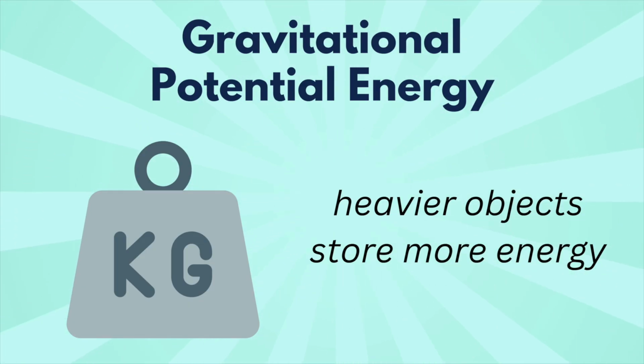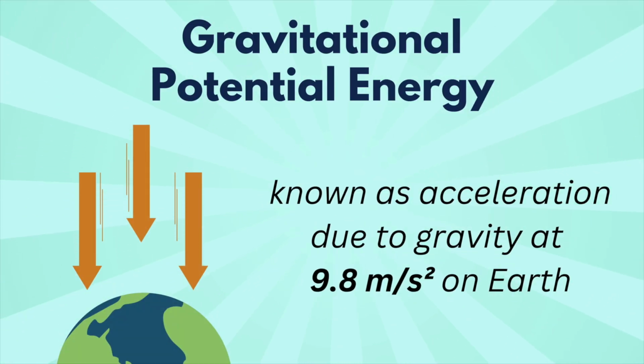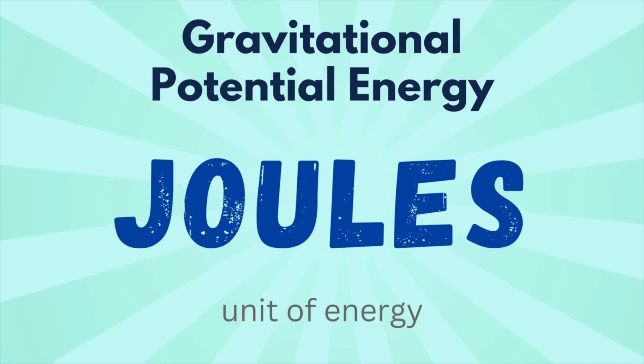Heavier objects store more energy. The height, or h, is also important. The higher an object is, the more energy it can release. The gravity, or g, that is acceleration due to gravity, has a value of 9.8 meters per second squared on Earth. Like all energy, potential energy is measured in joules.